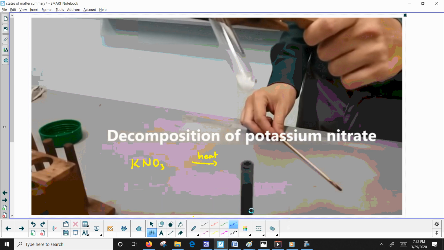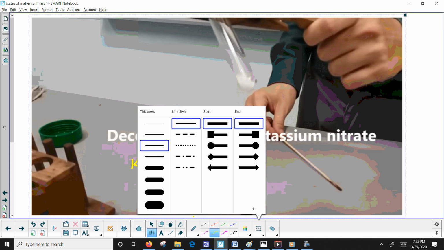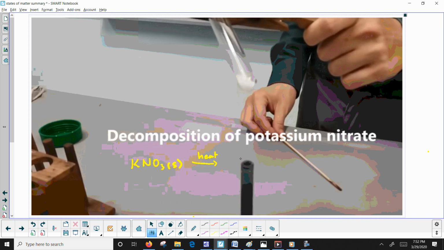So again, what's going on here is we're going to have potassium nitrate. Now, potassium nitrate is an ionic compound, so we know it's going to be solid. And it's going to break down into oxygen. Remember, we saw the glowing splint test, so oxygen gas. And whatever's left behind, well, we also have an ionic compound. So we have potassium, we have some nitrogen left over, and also a little bit of oxygen.